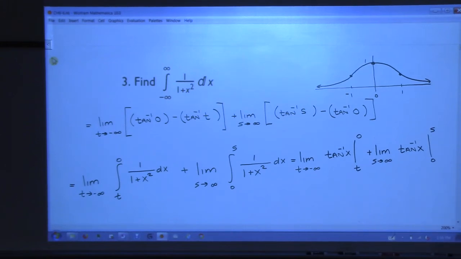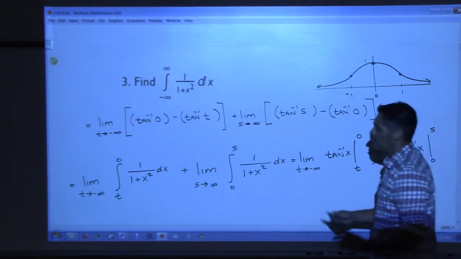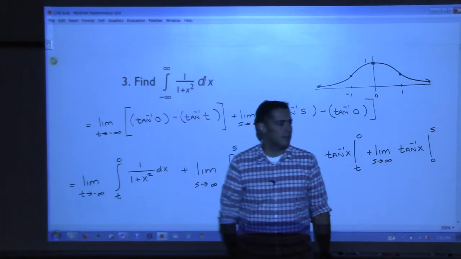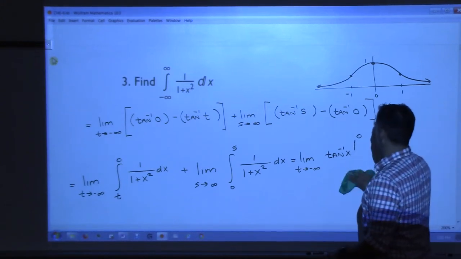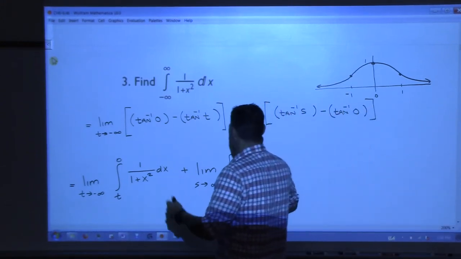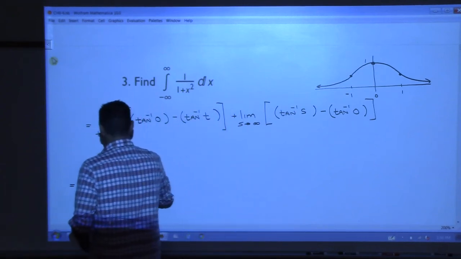Now some of these we can handle right now without taking any limits. What is arctangent of 0? What is arctangent of 0 really saying? Isn't that saying tangent of some angle is 0, right?